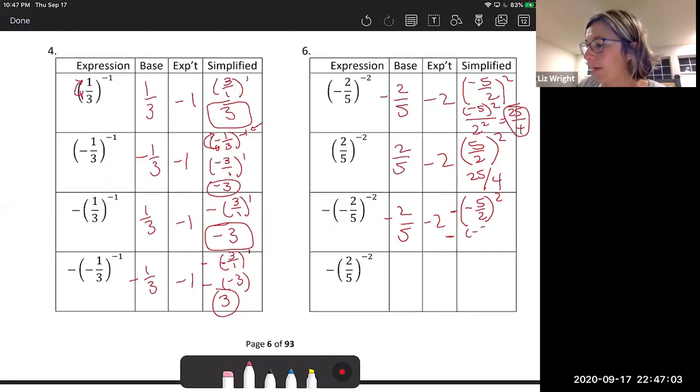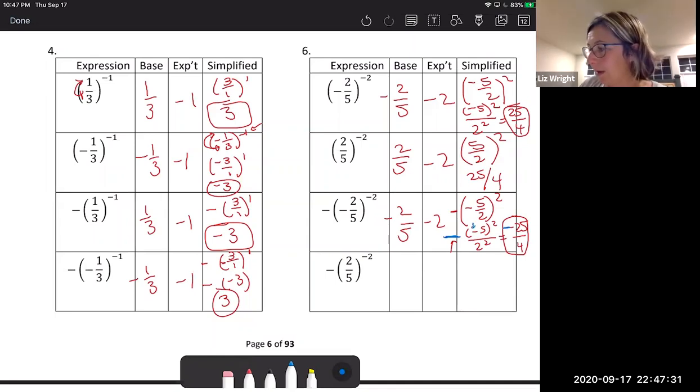We've got -5 quantity squared all over 2 squared, which, in the numerator, gives you a positive 25/4, but then don't forget this negative. So then you end up with -25/4. And the negative on our answer comes from this negative right here. That's where that negative is coming from. This one ended up turning positive.